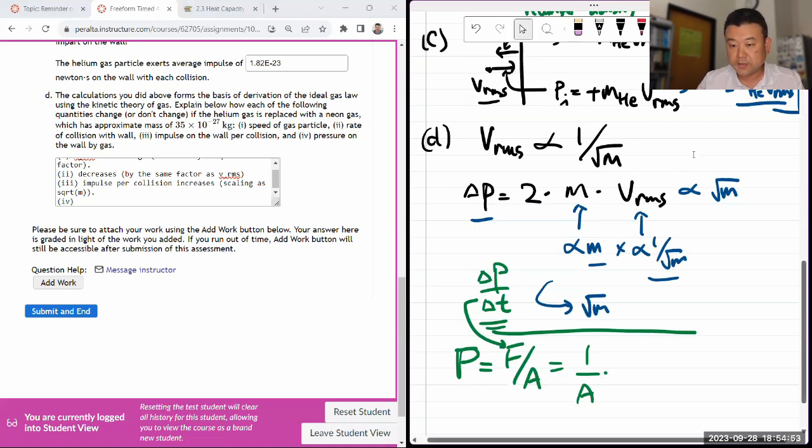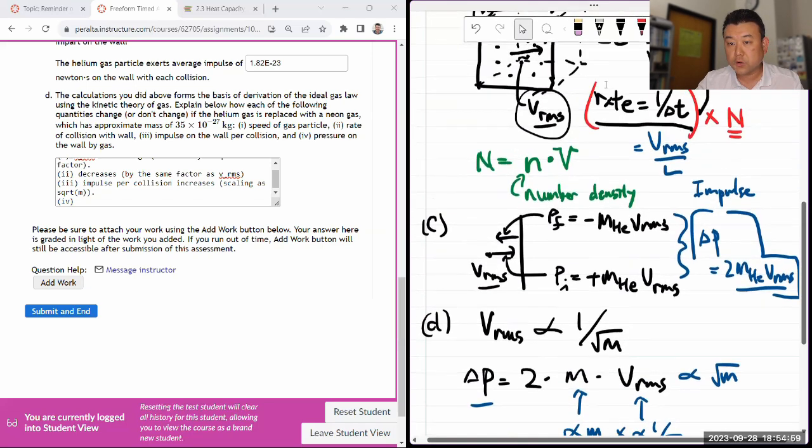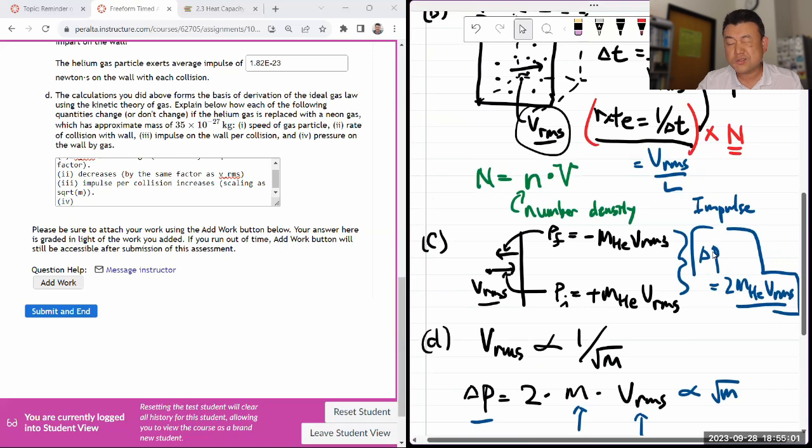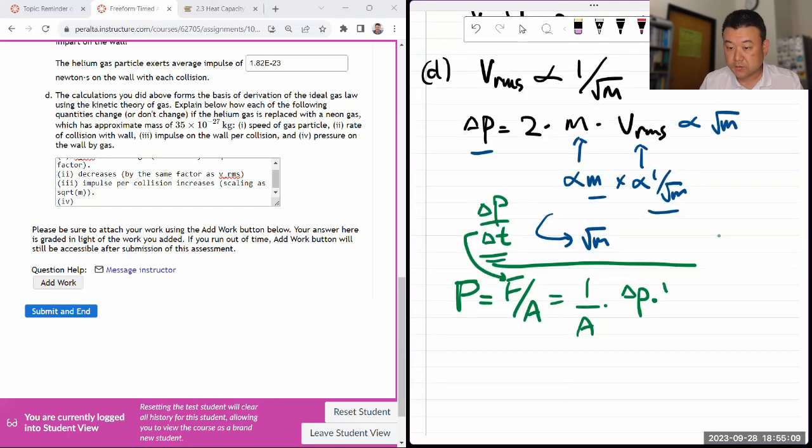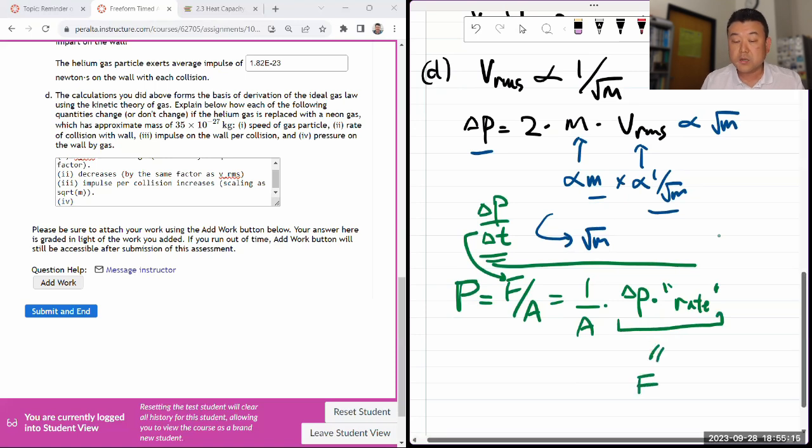So you'll have this delta P times the rate of collision. This is the change of momentum per collision multiplied by collisions per second, so times the rate. And this portion is equal to the force.